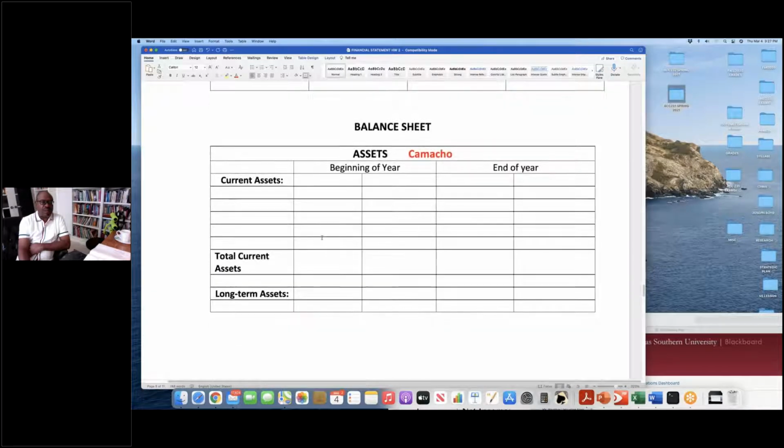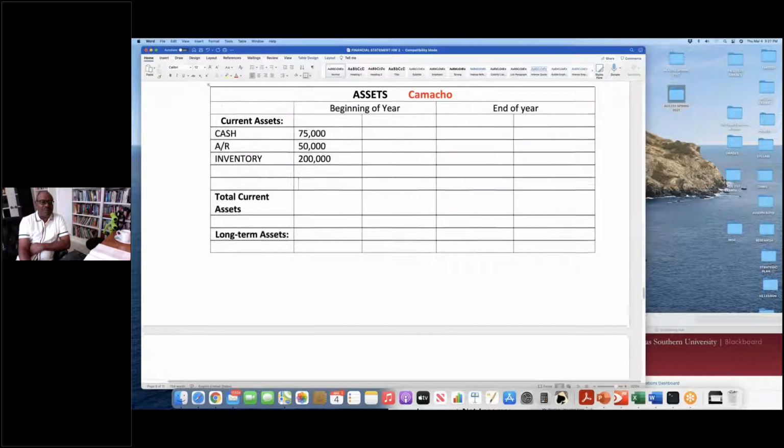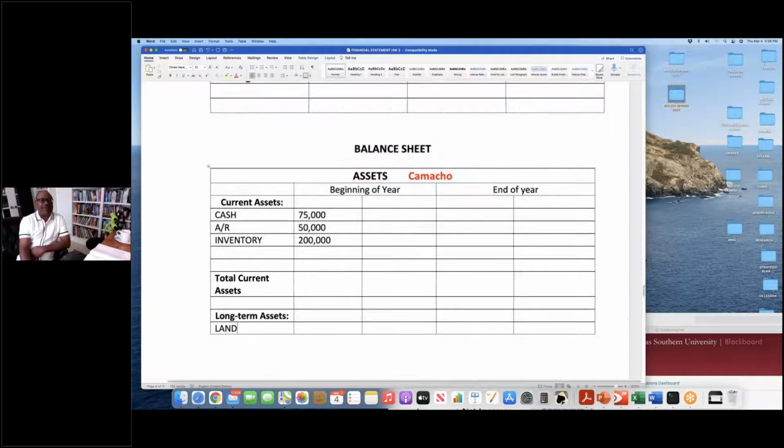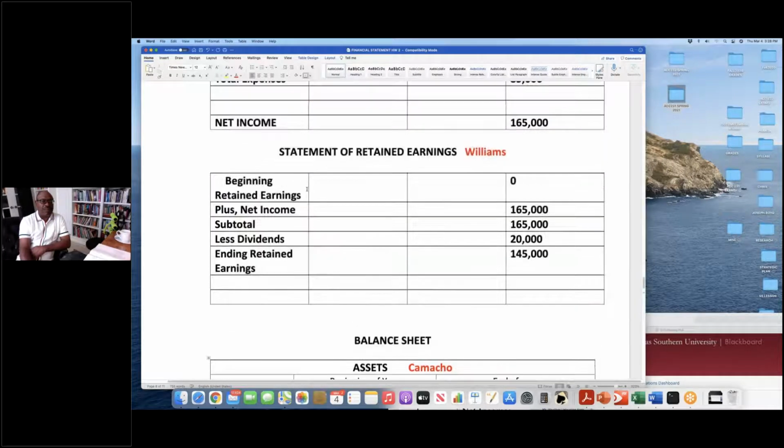I think land is going to be long term. It's still an asset, but you see how it says assets at first, then it says long-term asset. So I put it under there. Is that right, Professor Boyd? That's correct.